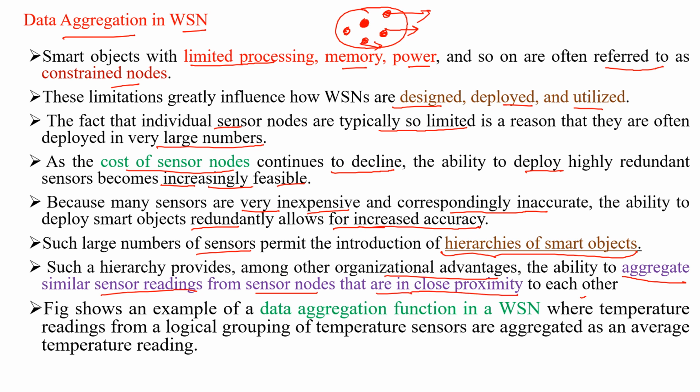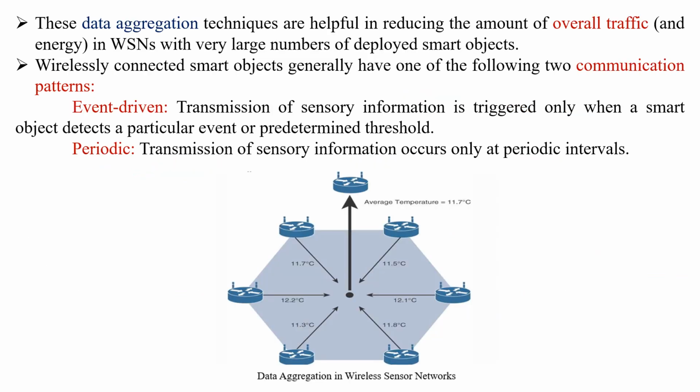Now, in the next slide, we have a figure that shows an example of a data aggregation function in WSN, where the temperature readings from a logical grouping of temperature sensors are aggregated as an average temperature reading. Now look at this diagram.